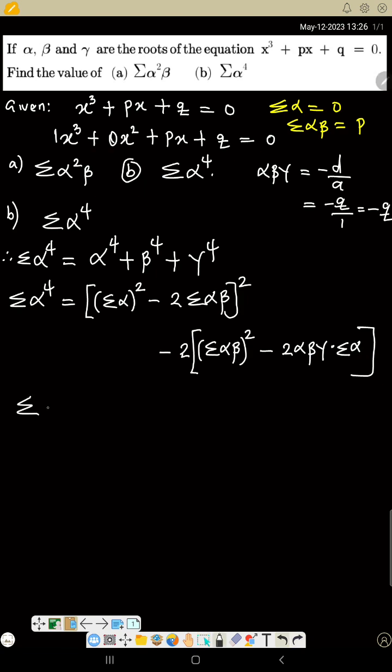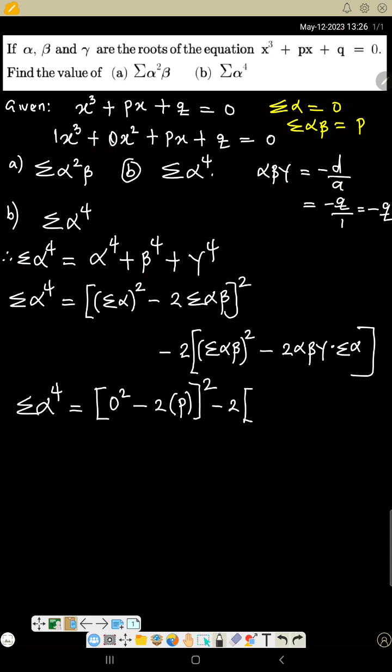So summation alpha raised to power 4 now equals 0 square, because summation alpha is 0, we know that, minus 2 bracket summation alpha beta is p, so everything square, minus 2.